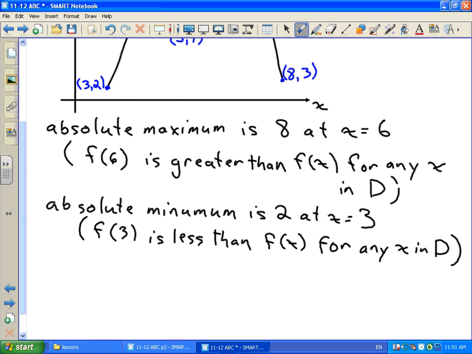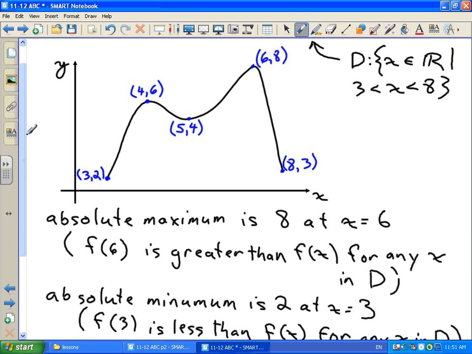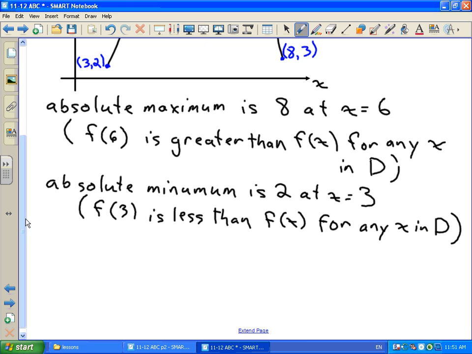Now, when I've limited my domain here from 3 to 8, you're always going to have an absolute maximum and minimum somewhere.